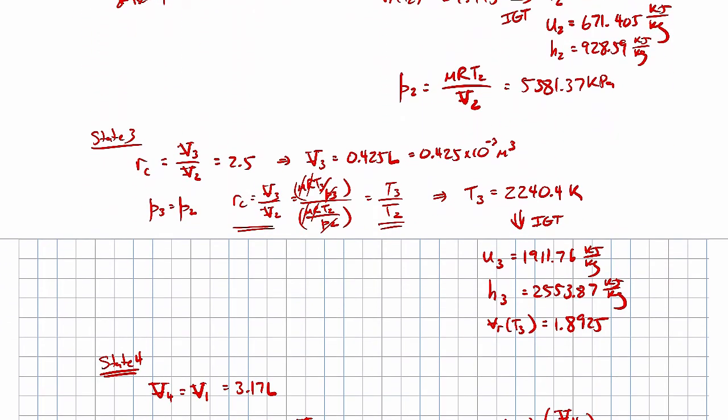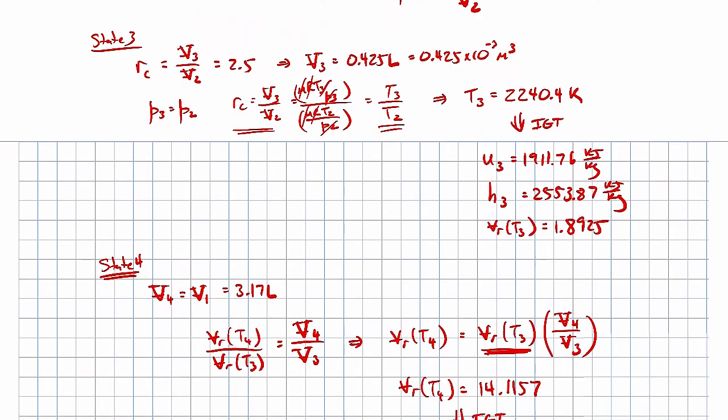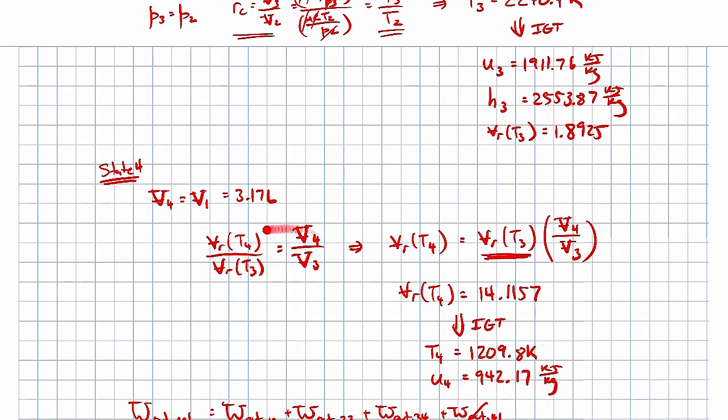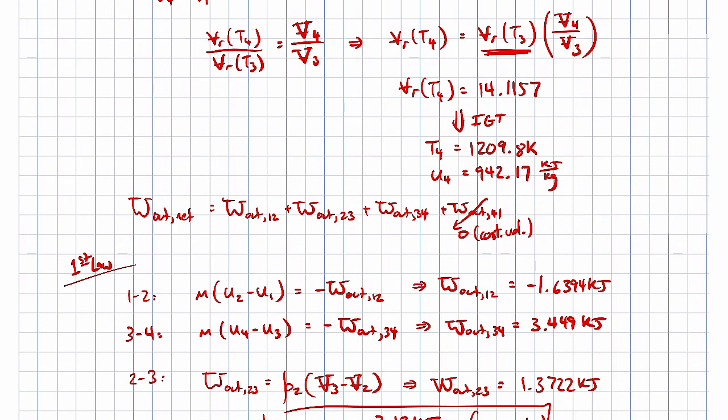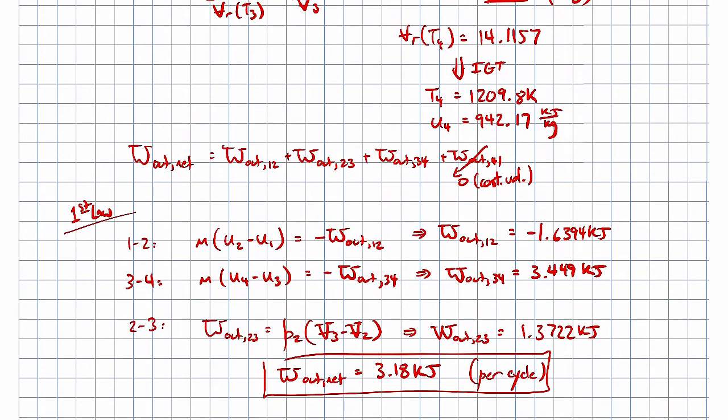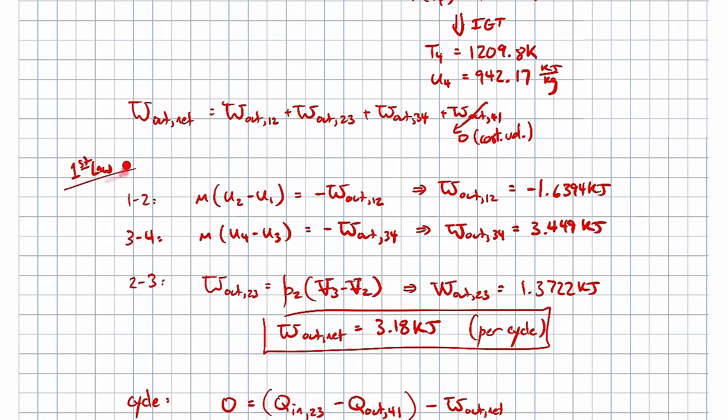We also made use of the cutoff ratio. That's just a definition specific to the diesel cycle, so you have to go back to your notes to look at what that definition means. So we made use of that. Here's the relative volume again during the isentropic expansion. And then once we had all that state information, what we did is we applied the first law multiple times. You could have done this a couple of different ways.